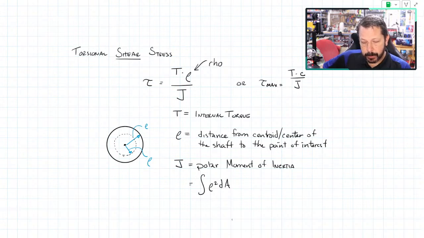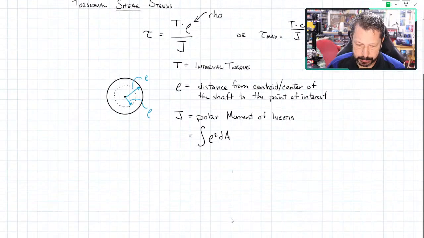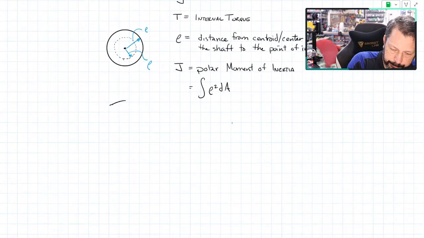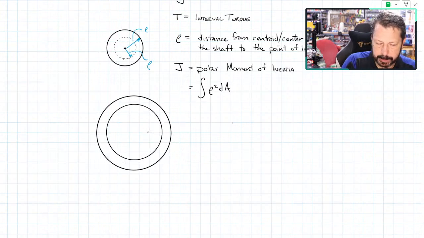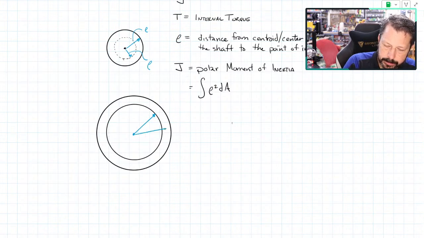So if you were to assume the circle, let's draw us another picture here without rho on it, maybe a bigger one. Let's go ahead and give it an inner diameter. Trying to think of what the variables I want to use are.